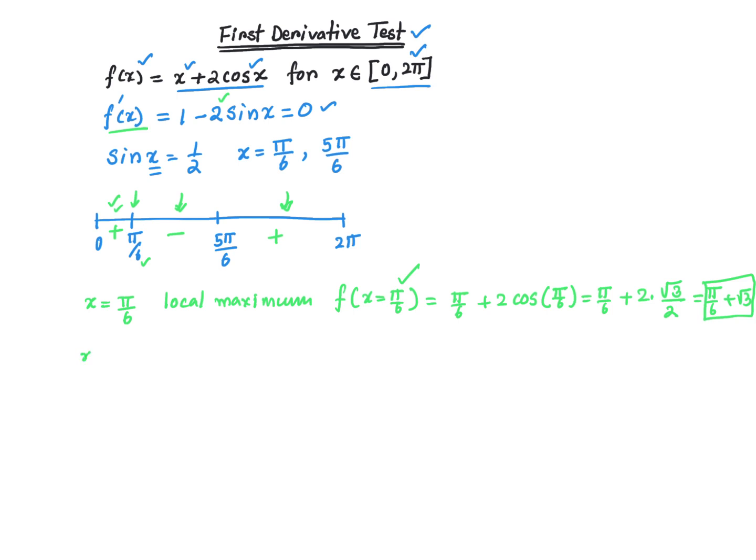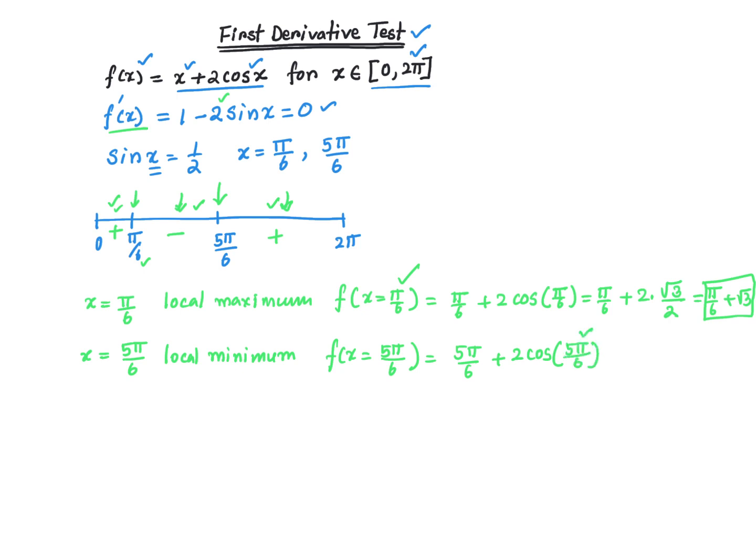Now at x equal to 5 pi over 6, on the left of this critical point the sign of the derivative is negative, and to the right it is positive. So according to the first derivative test, it should be a local minimum. So f of 5 pi over 6 is going to give me 5 pi over 6 plus 2 times cosine of 5 pi over 6.